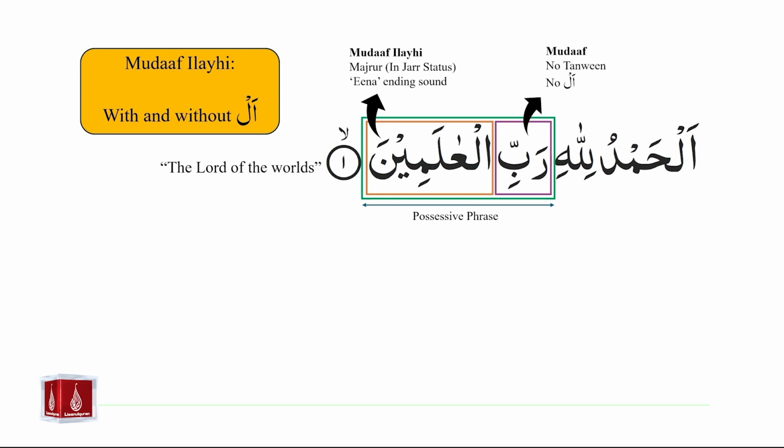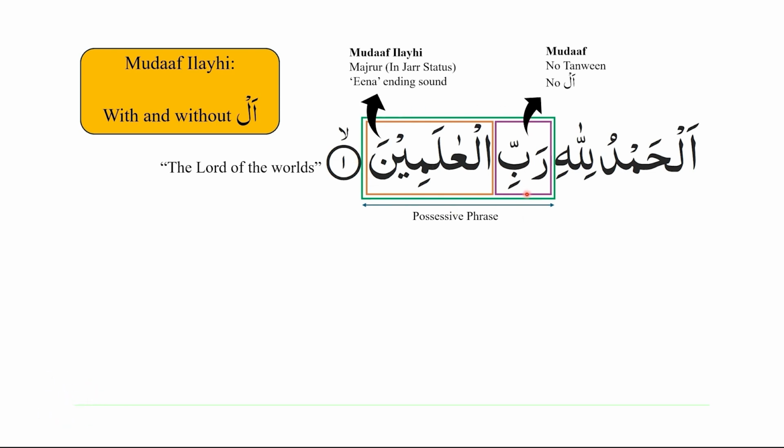We will look at the effect of al in mudaf ilay on the translation of Murakkab Izafi. We have the following example from Surah Al-Fatiha. Alhamdulillahi Rabbil Alameen. If we focus on Rabbil Alameen, this is a possessive phrase. It is a Murakkab Izafi.